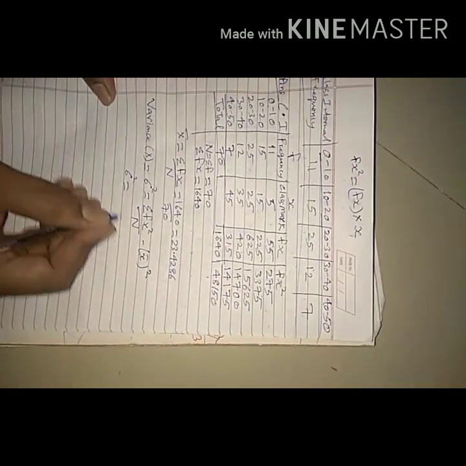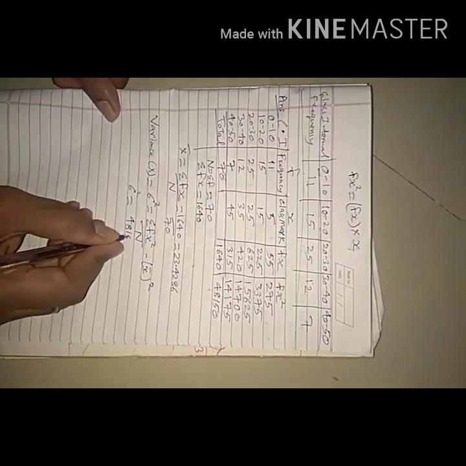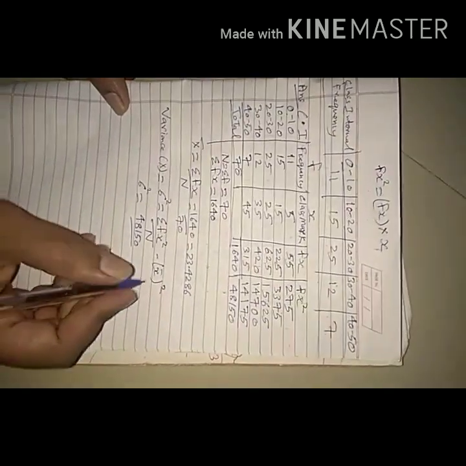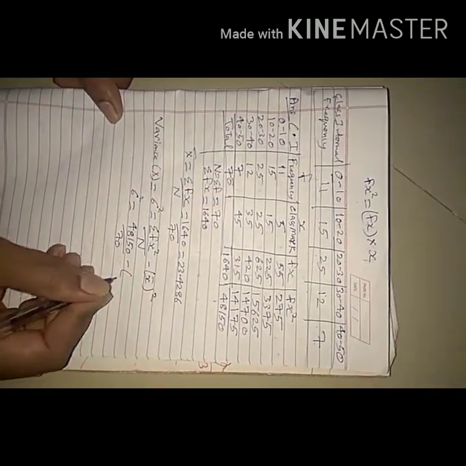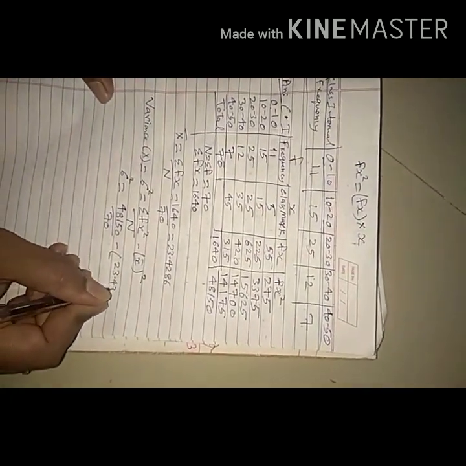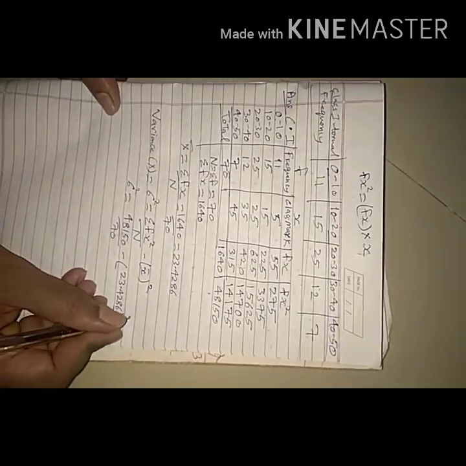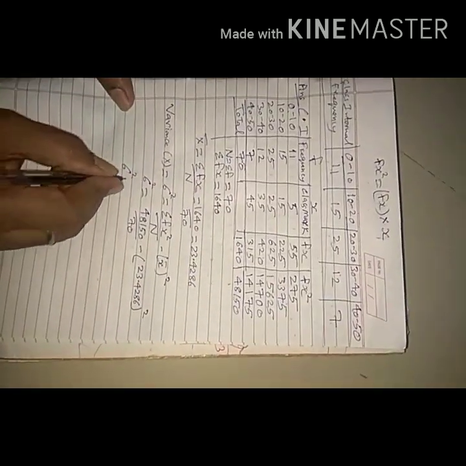Sigma square is equal to summation of fx square, 48150, divided by capital N, total of frequency, it is 70 here, minus x bar, the average value 23.4286, the whole square.